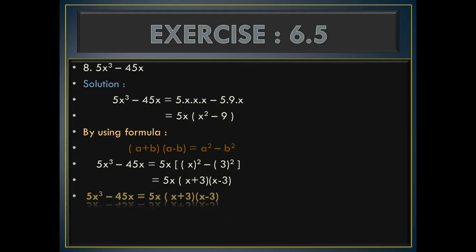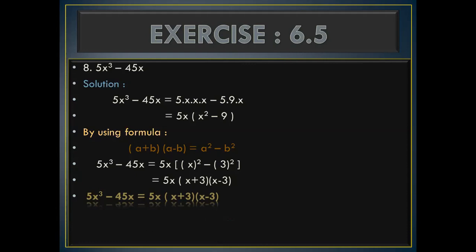When we split the term, there must be one factor of 5: 5 into 9 into x. Now which coefficient is common? 5. Which variable? x. 5x is common. The remaining terms are x square minus 9.